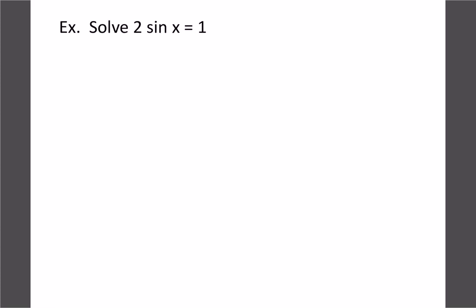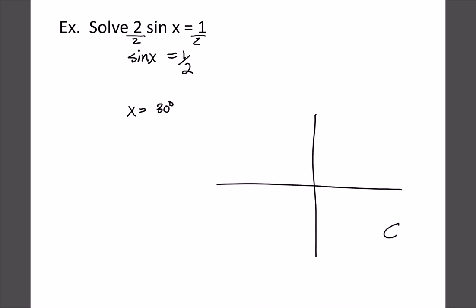Let's review how we did this algebraically. First, we try to isolate it to be just sine x, cos x, whatever the case may be. In this case, if we divide both sides by 2, we get sine x equals a half. On your calculator, if you go second sine of a half, you'll get 30 degrees, or we should know that from the unit circle. Then remember, we use our CAST rule to figure out the other locations.